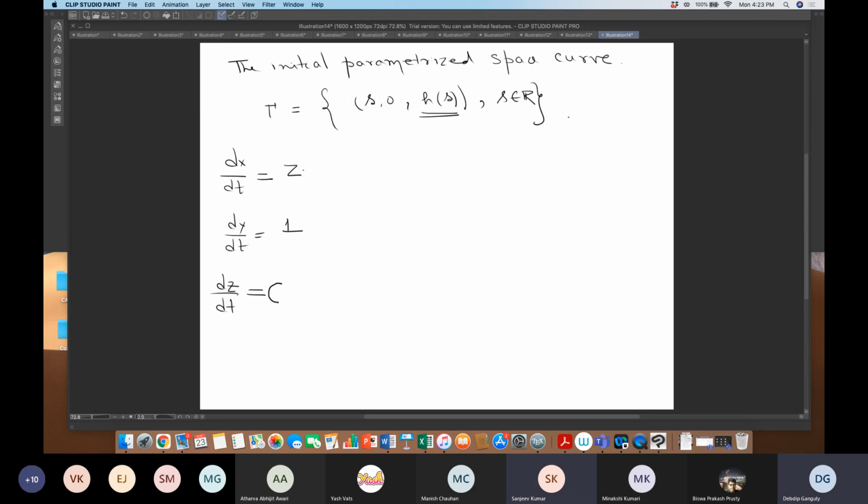What is x(s, 0)? s. y(s, 0)? 0. z(s, 0)? h(s). Jacobian?